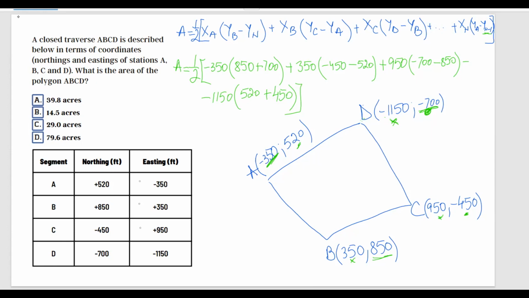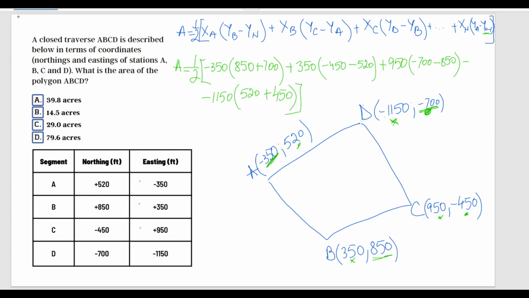All we have to do is calculate all these numbers, and hopefully I entered them correctly, and hopefully I will calculate it correctly, and hopefully we get one of those answers. Let's start. Okay, pay attention to the signs. Okay, 850, 700 plus 350 negative multiplied.